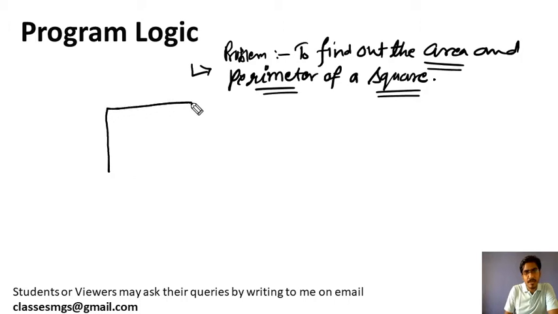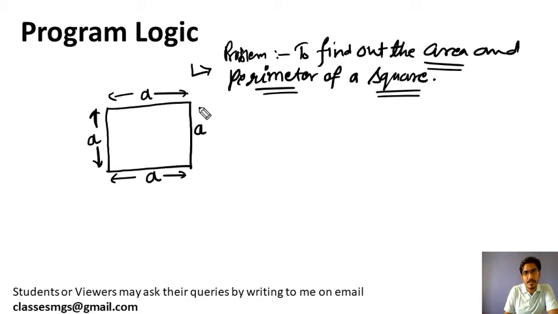A square is a shape in which the length of all four sides is the same. Let's suppose the length of this side is a, the length of this side will also be a, this side will also be a, and this side will also be a. In a rectangle it is not so. In a rectangle, the length and breadth need not necessarily be the same.